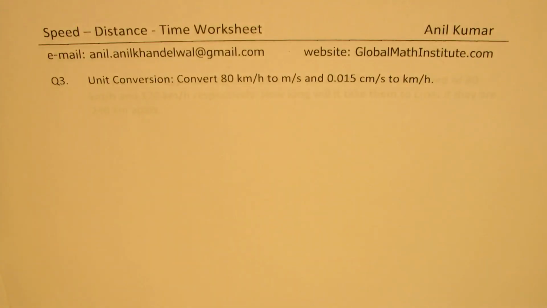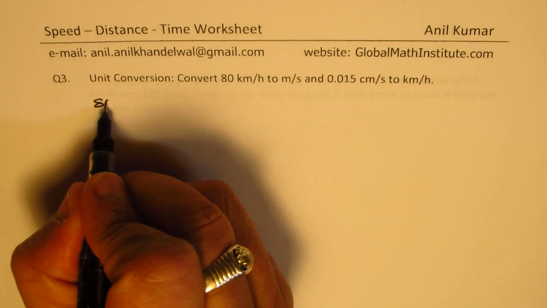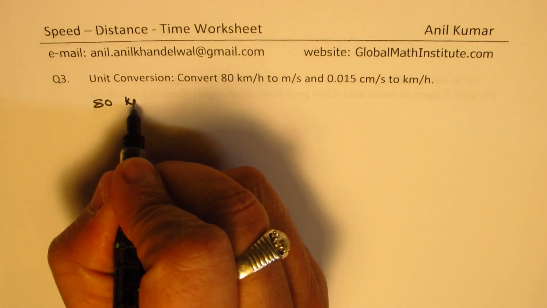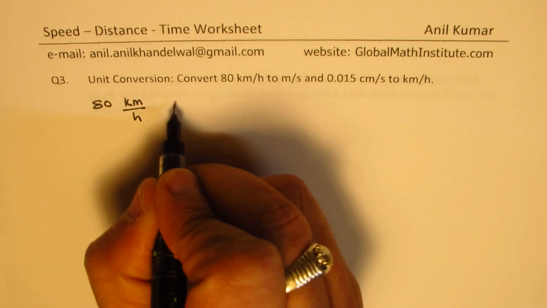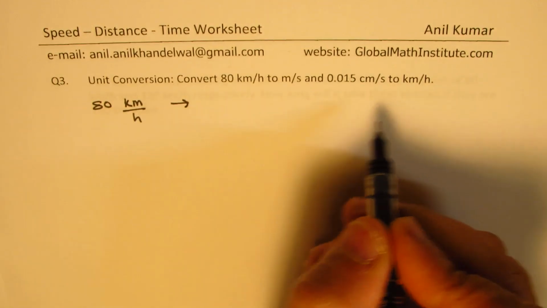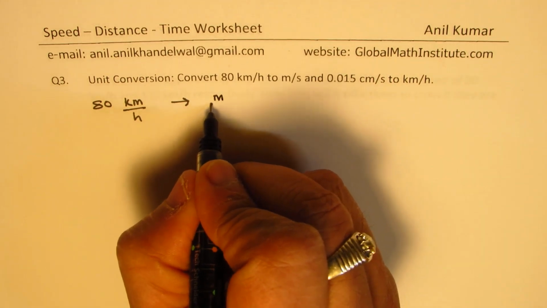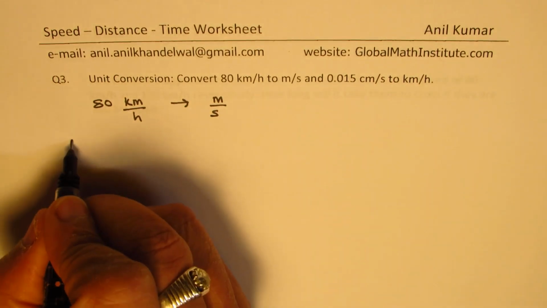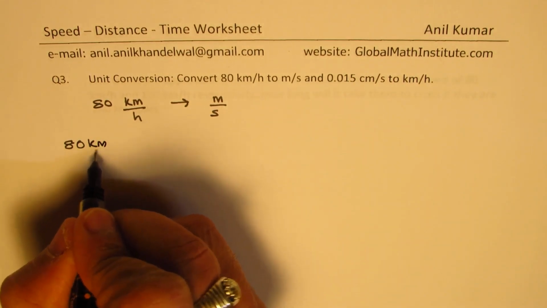Let's move on and take question number 3 now. Here we'll practice unit conversion. We need to convert 80 kilometers per hour to meters per second, right? So let's do it. So we have 80 kilometers per hour.